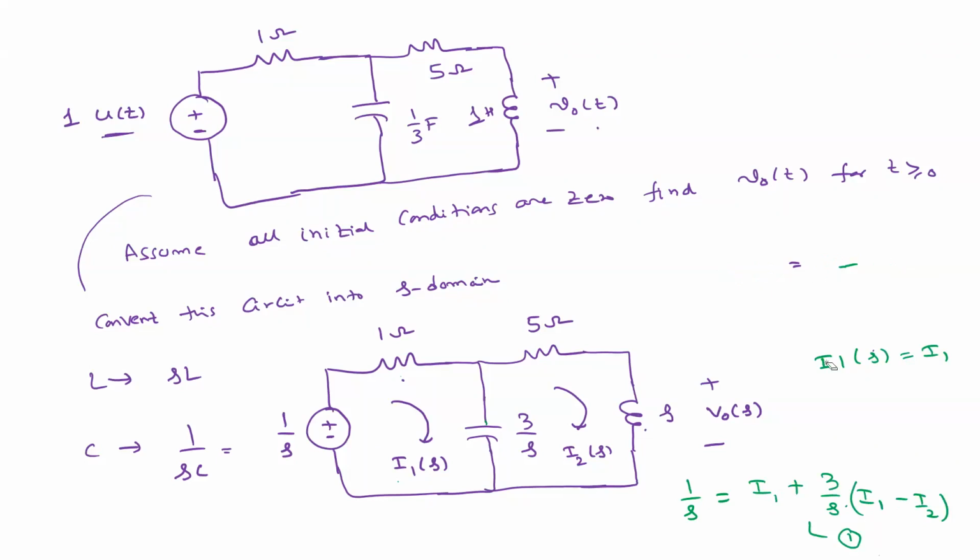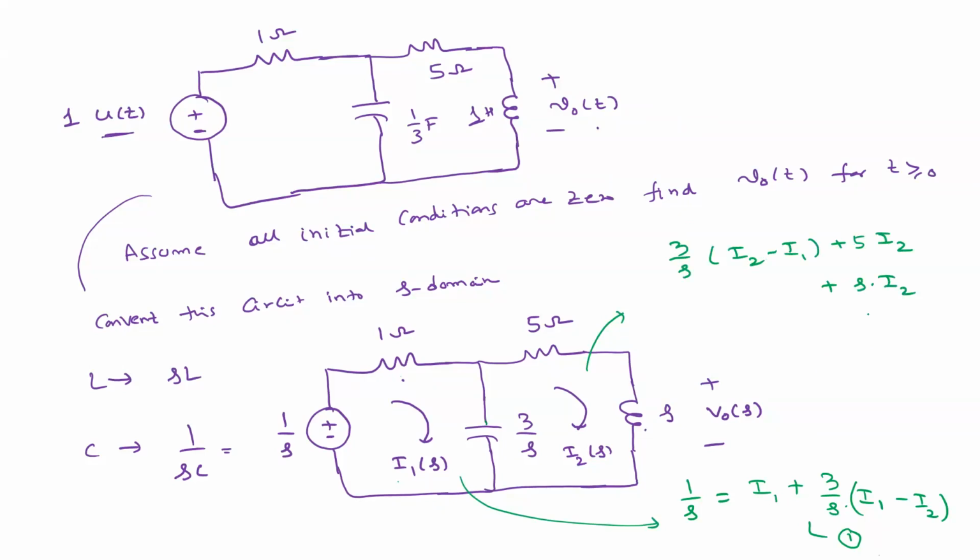So what is the second equation in this loop? We get 3 by S into I2 minus I1, plus 5 into I2, plus S into I2 equal to 0. Agree?